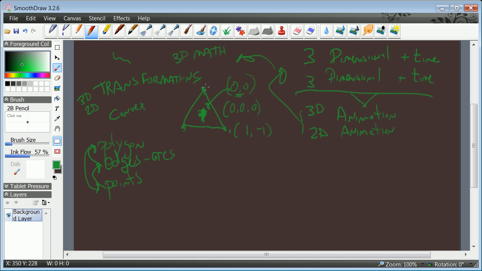And this second point, up here, is going to be x is 0 and a y of 1. And this third point here is going to be x of minus 1 and y of minus 1. All right, so that's the kind of premise of this.